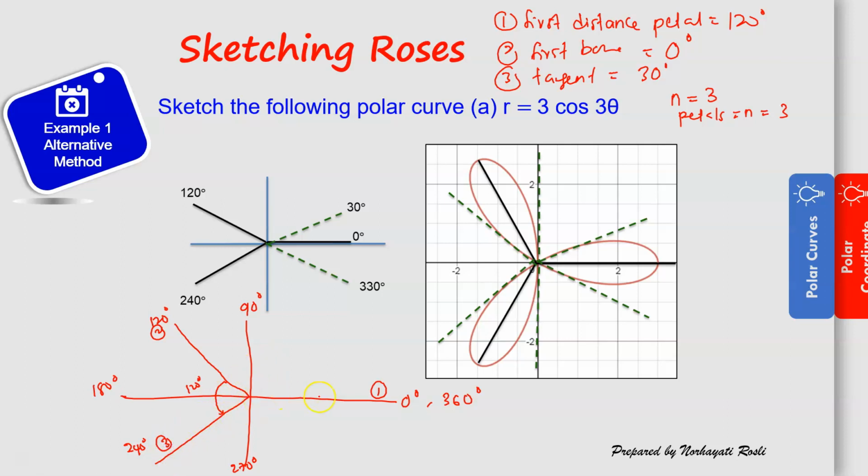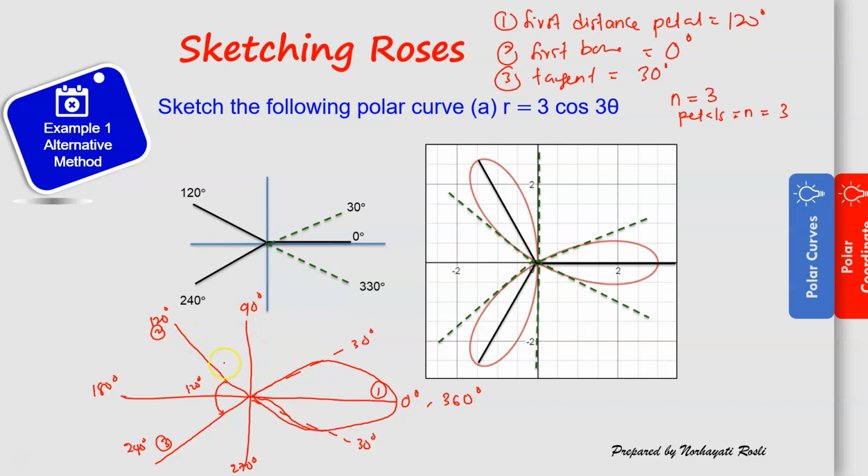And then based on this, we know that we have a tangent line of 30 degree. So this petal will have a tangent line. Let's say this one is 30 degree. Here also 30 degree. This is a bond. So when we plot here, you will have this kind of petal that will touch this tangent line. Same here. In this case, you will have a tangent line of 30 degree.